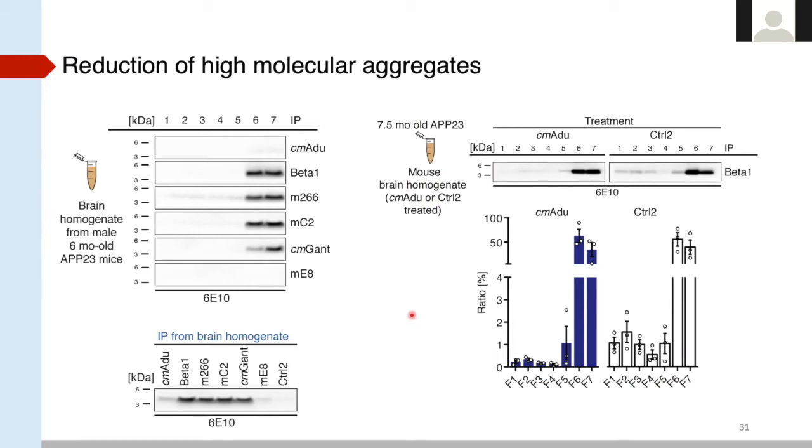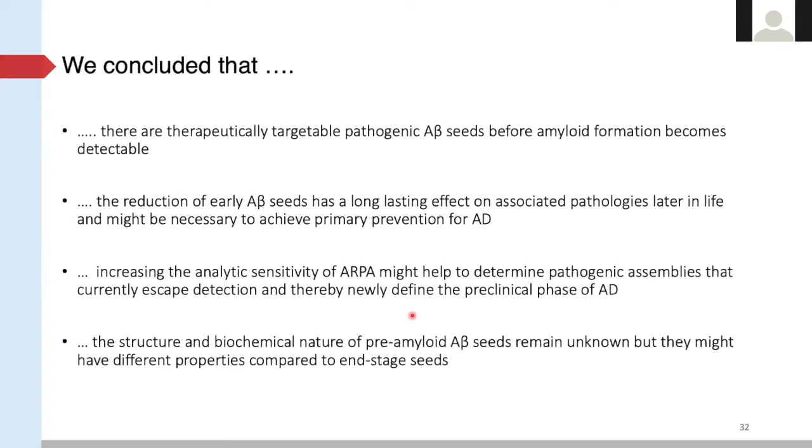So with this, I will already come to my summary. Based on these results, we concluded that there are therapeutically targetable pathogenic A beta seeds before the amyloid formation becomes detectable. And that reduction of early A beta seeds has long-lasting effects on associated pathology later in life, as shown with the 12 months mice.